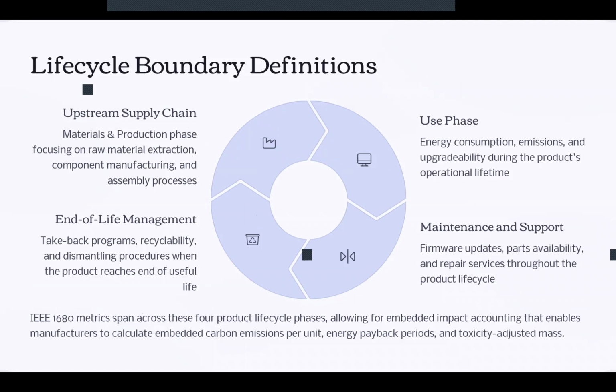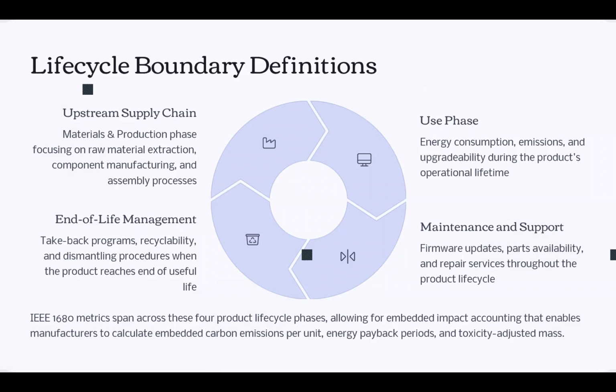Now, IEEE 1680 takes what is called a life cycle approach. So that means it looks at everything a product goes through from birth to retirement and checks the environmental impact at each stage.